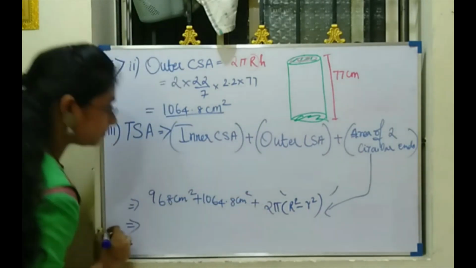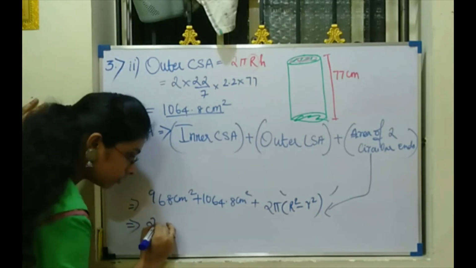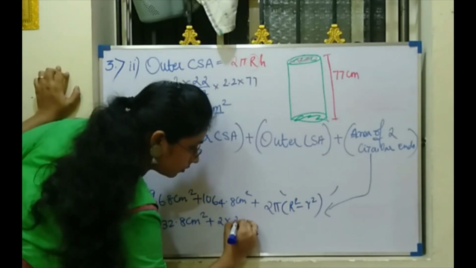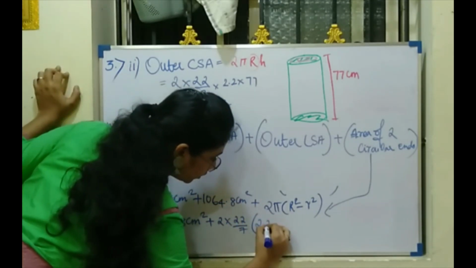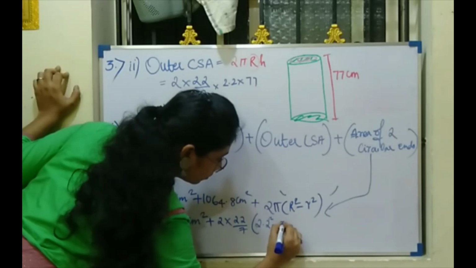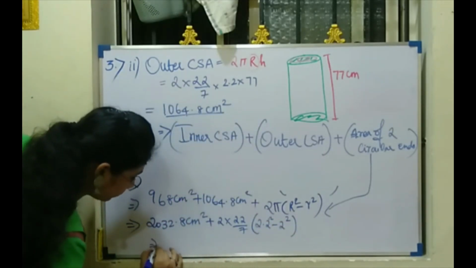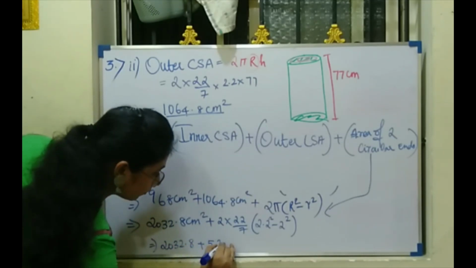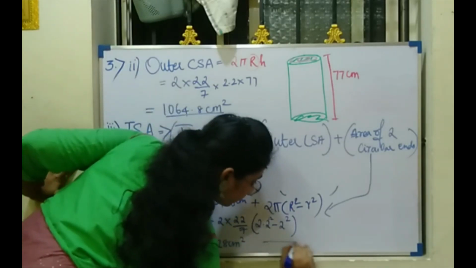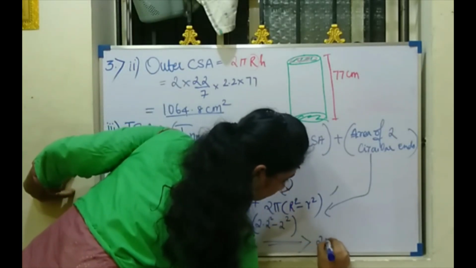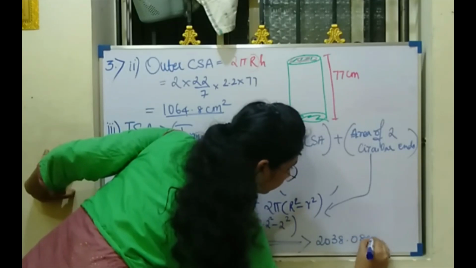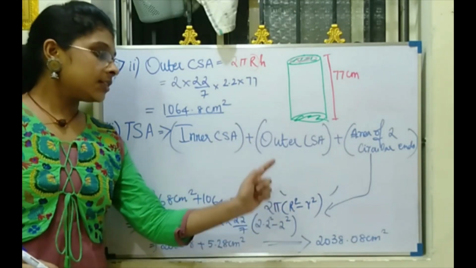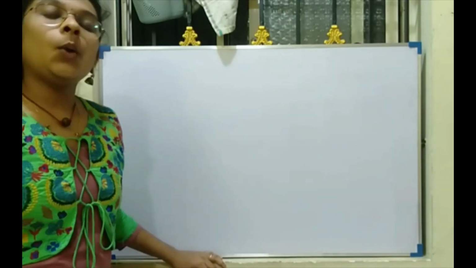By adding this, therefore, the total surface area of the cylindrical pipe will be 2038.08 centimeter square.